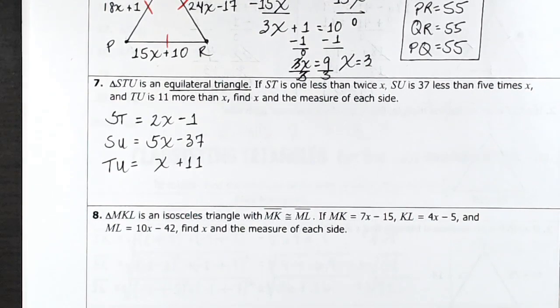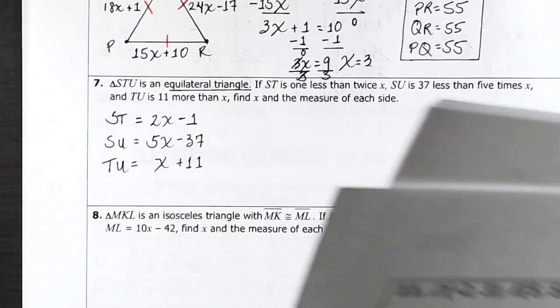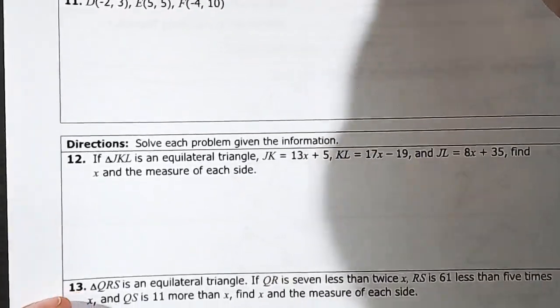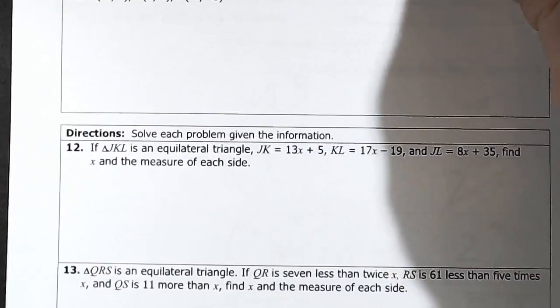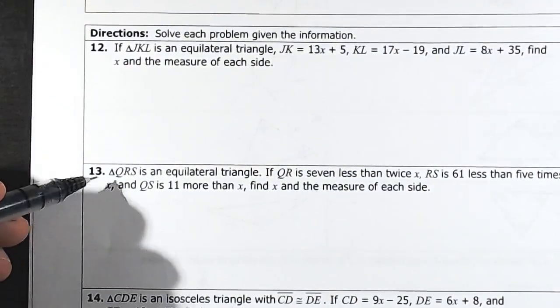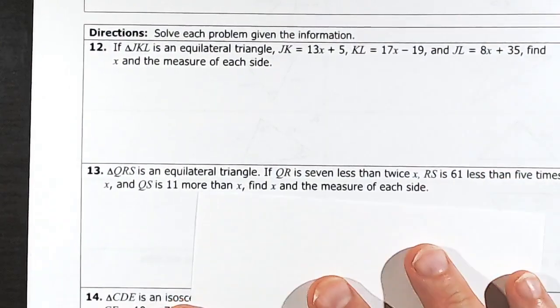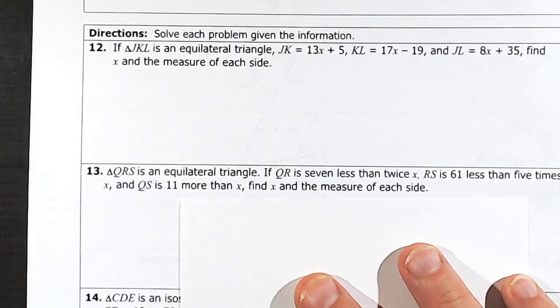Let's see on your homework if there was any that you have to do like that. Okay. On your homework packet, on the back of the first page, numbers 13 and 15 have that same problem. So here on number 13, it says QRS is equilateral.